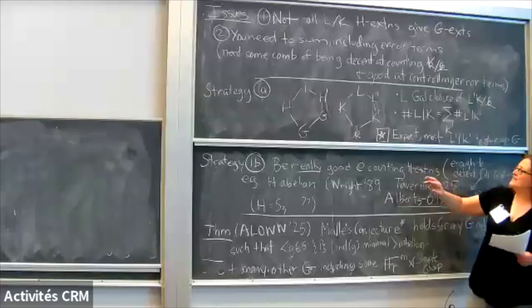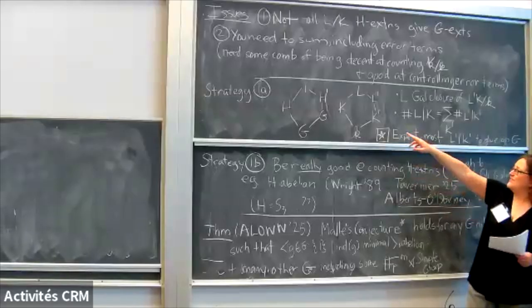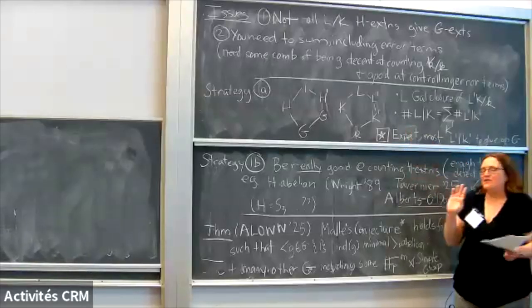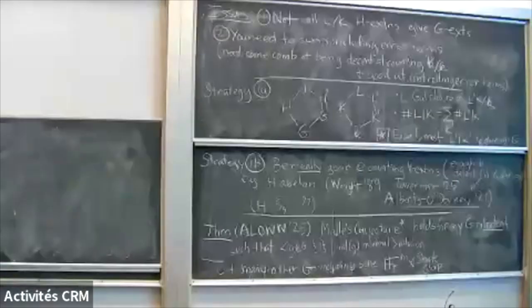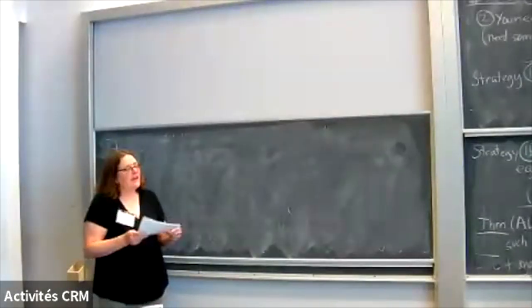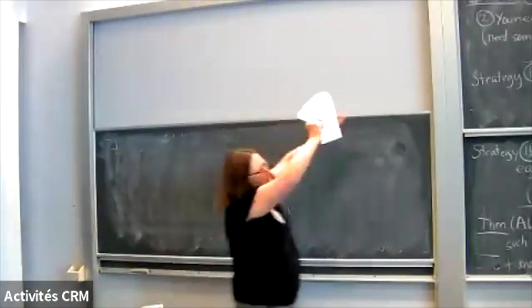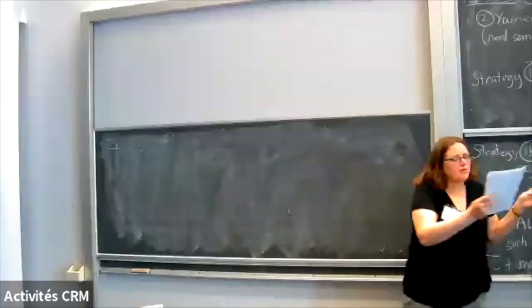So in this case, an abelian normal subgroup is enough to make this method work with some way of counting.